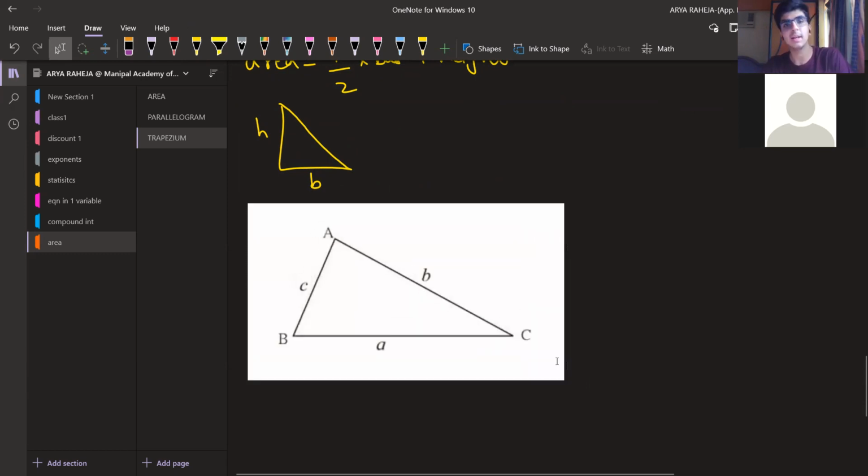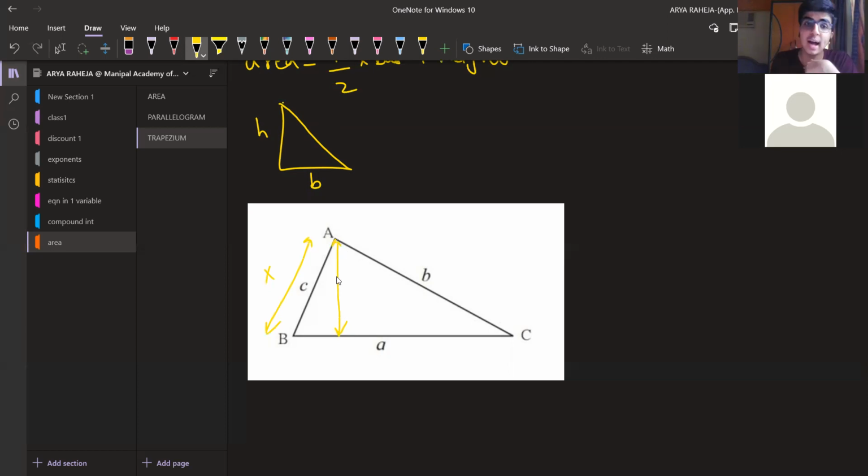Now this is our triangle. So how will we find its area? Because the height of a triangle is the length from the topmost point to the bottommost point. In this case, if we write this as the height, it will be wrong. The height of this is the height.